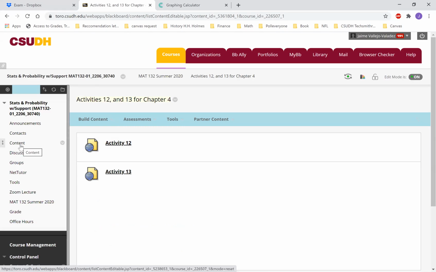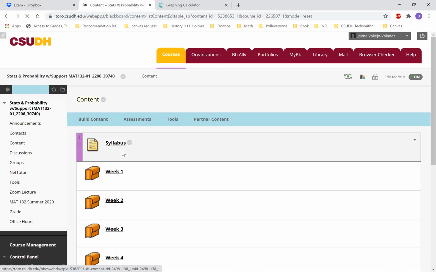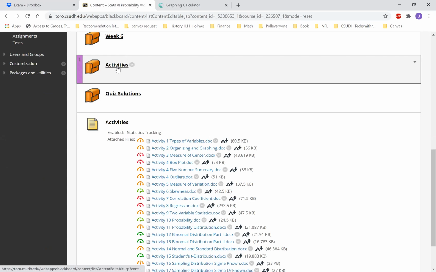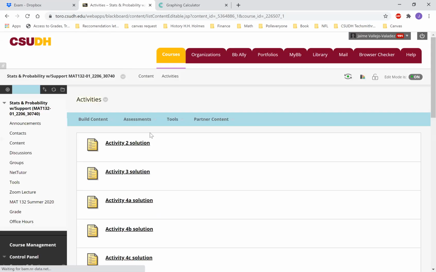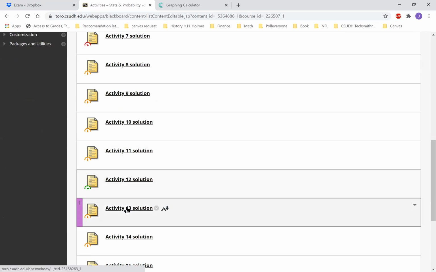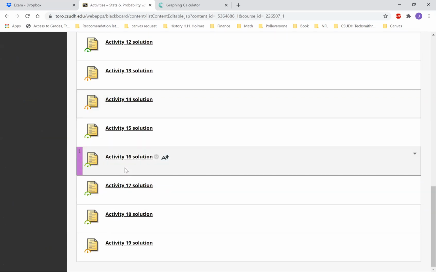Cool. And lastly, in order to find the solutions, if you go right here where it says activity, you'll see activity number 12, activity number 13, all the way through activity number 19 is already posted.